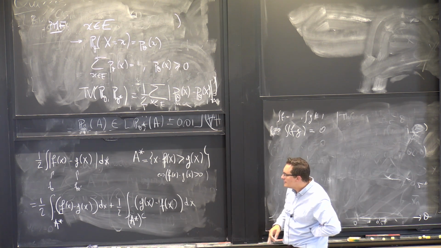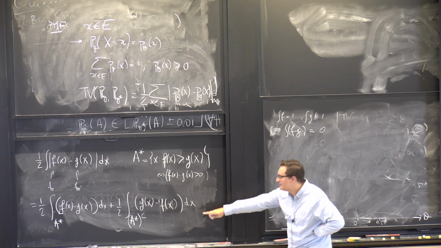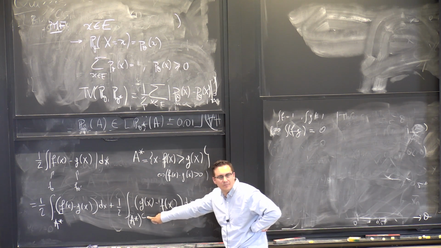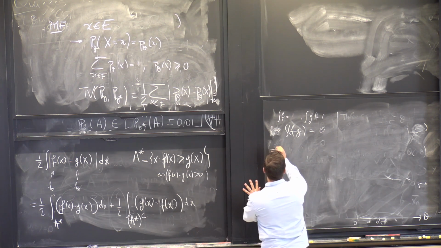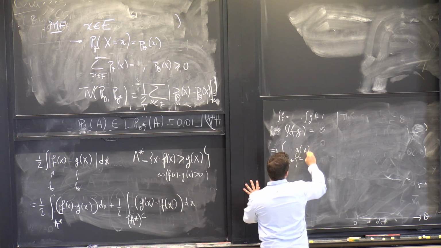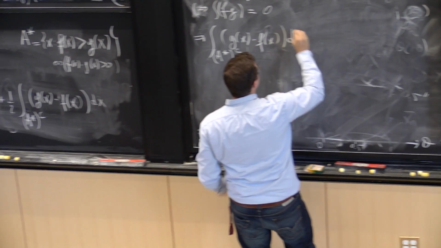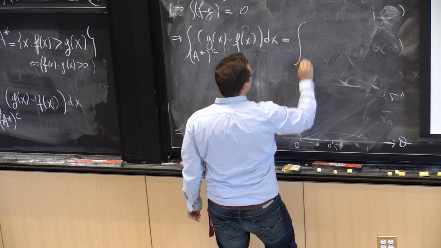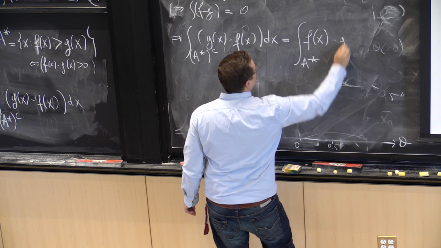And so if I want to go from the integral on A star complement to the integral on A star, I just have to flip the sign. So that implies that the integral on A star complement of g of x minus f of x dx is simply equal to the integral on A star of f of x minus g of x dx.